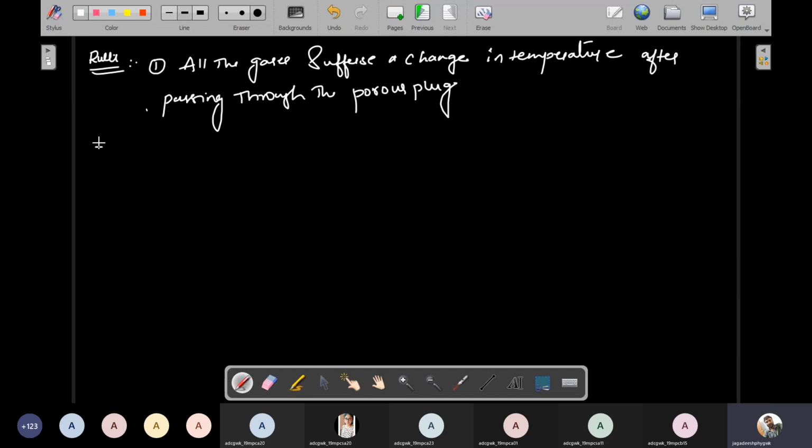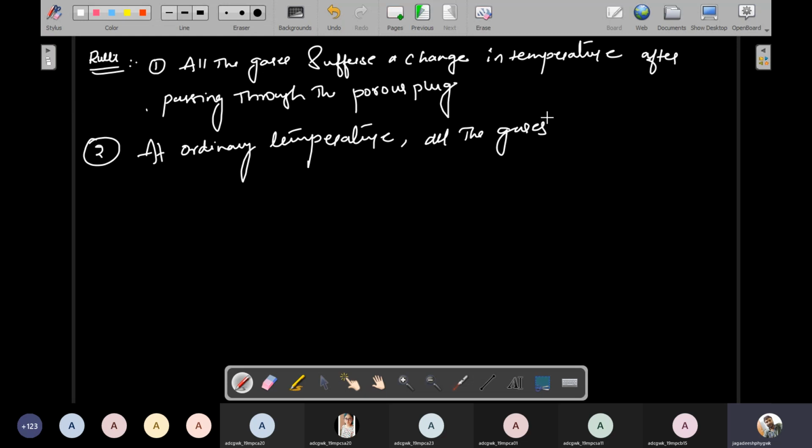Now the second result, it was considered at ordinary temperature, comma, all the gases except hydrogen and helium show cooling effect.